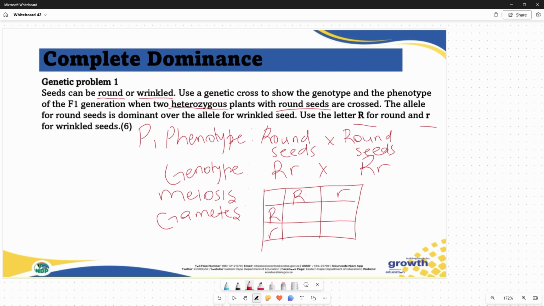And then what we are going to be representing in the middle is the genotypes of the offspring. So this R and this R meet here. So there is the first possible genotype that we can have. And then this R and this r meet here. So there is our second possible genotype.